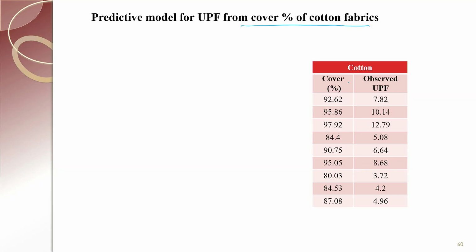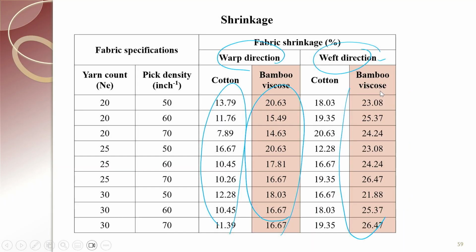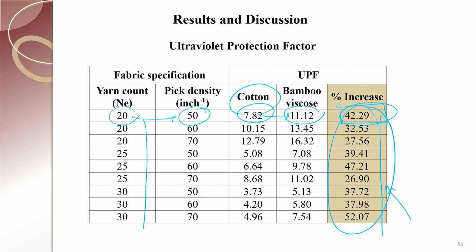So, cotton fabric cover we have measured, and then we have measured the UPF value, at different levels, different combinations of cotton fabric. We can see the fabric shrinkage, and we have calculated the cover factor. This is the UPF value.